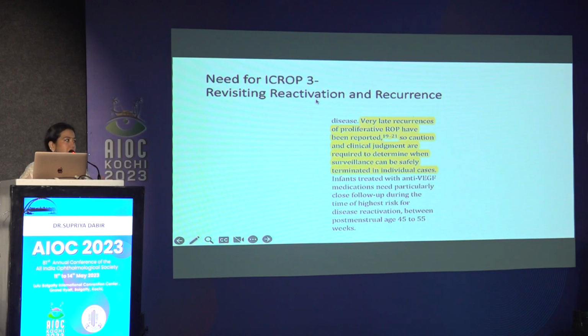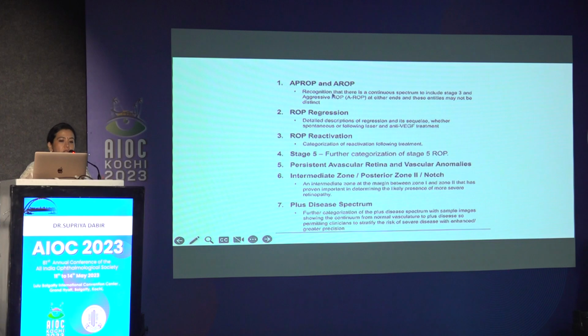As Dr. Anand already spoke in his talk about reactivation and recurrence, what exactly they need to be defined as and how to go about managing them. So basically it looked at how APROP became AROP. They've defined regression, they've defined reactivation, further classification of stage 5, and defined what persistent avascular retina is.